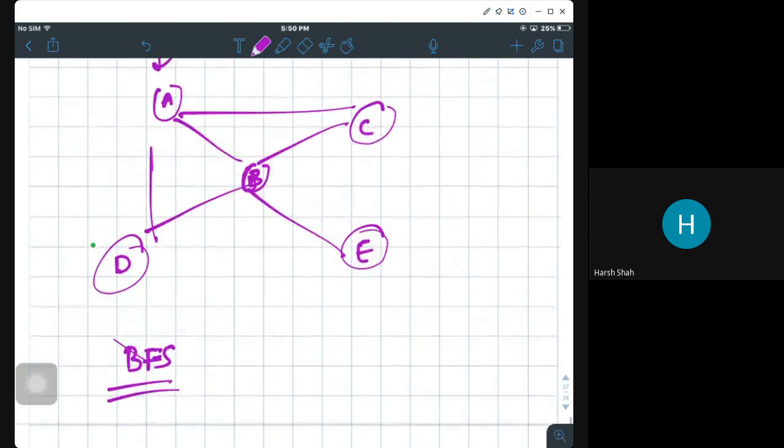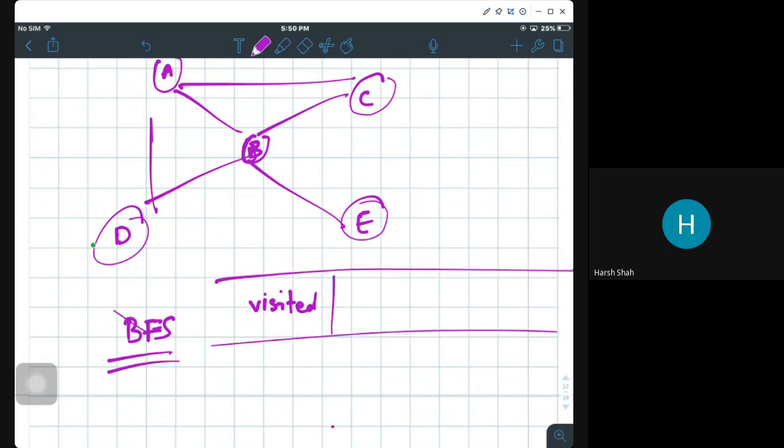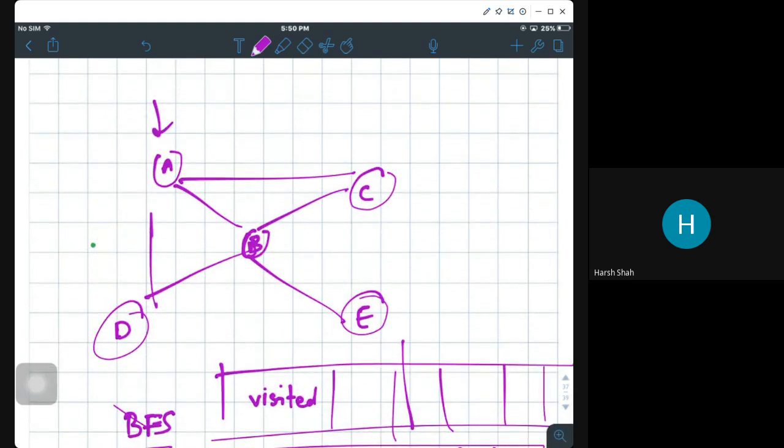Now we maintain something known as visited, which tells me whether I have visited this index or not. Okay, and we have a queue. Let's say I start from this index A.